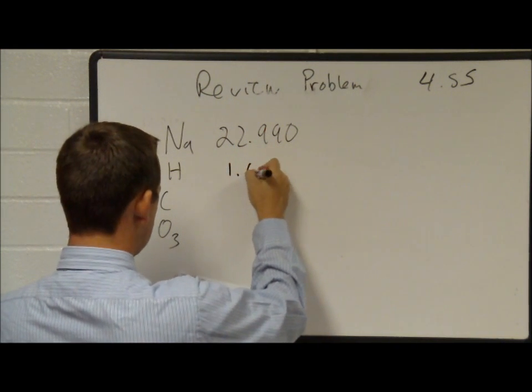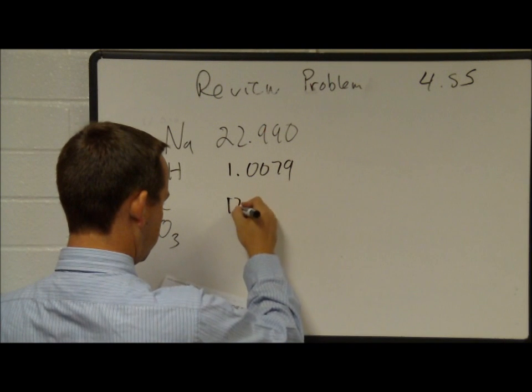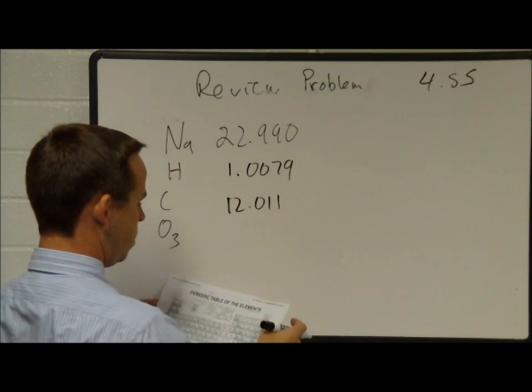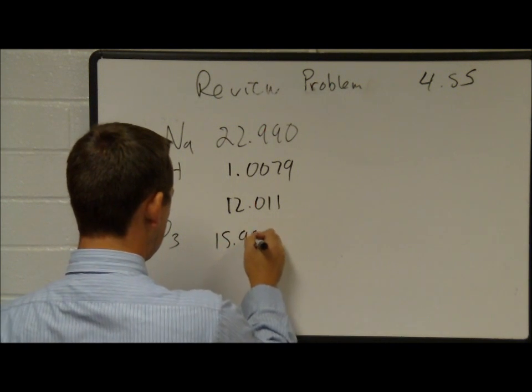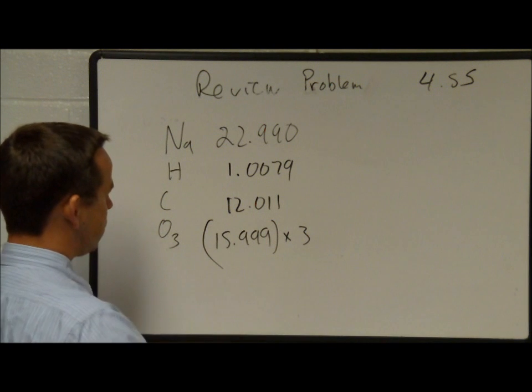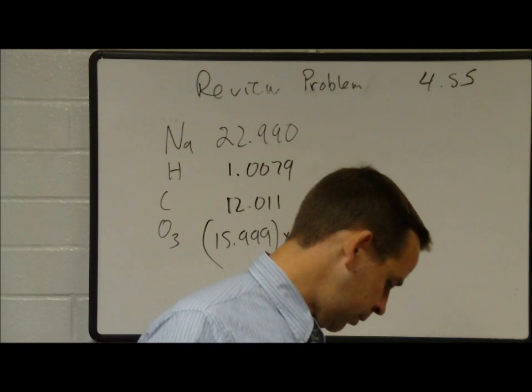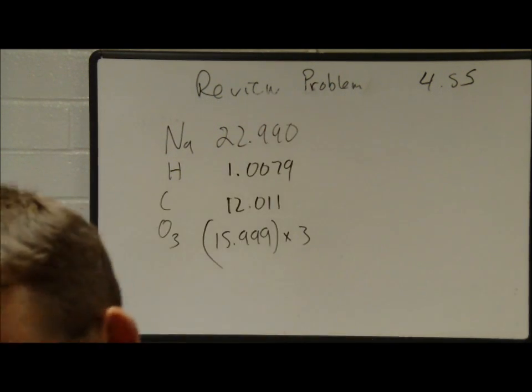Hydrogen, 1.0079. Carbon, 12.011. Oxygen, 15.999. We have to multiply that by 3, right? So this is for sodium bicarbonate, correct? Number 55A, sodium bicarbonate, NaHCO3.